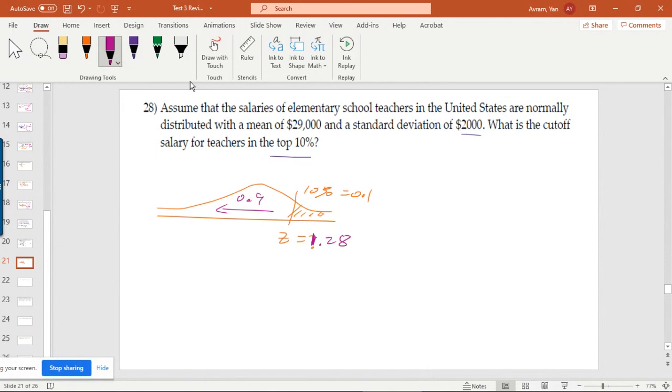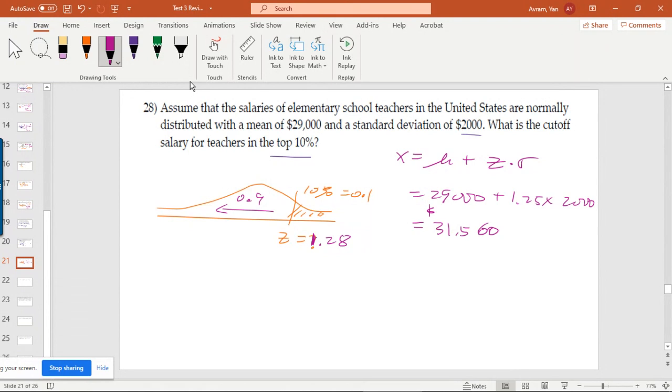Okay, after I find a z-score in here, remember X will be just mu plus z times sigma. Okay, and then I have a mu here, 1.28 times sigma here is 2000. All right, and now that gives you 31.60.